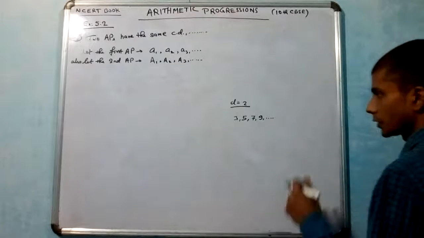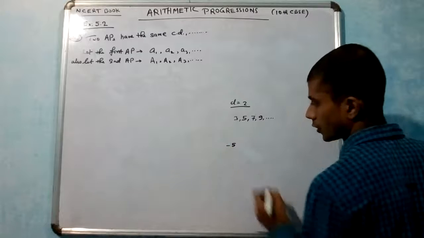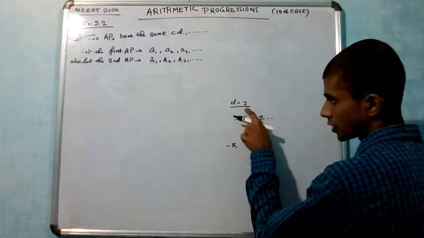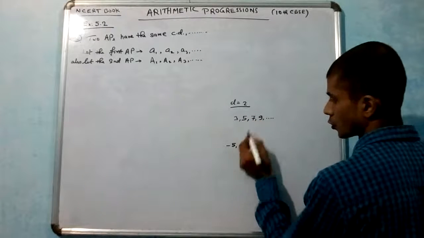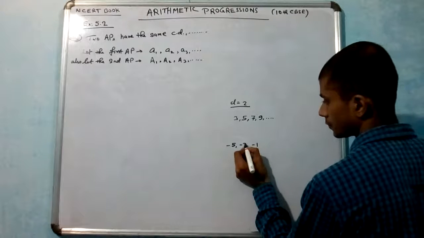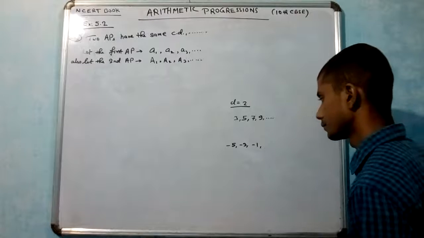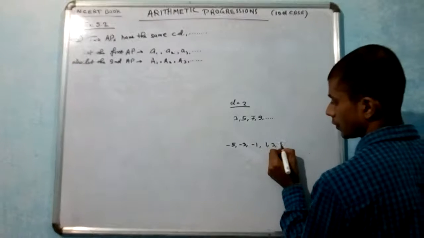Suppose another AP is starting from -5. Suppose -5 is the first term. So keeping the common difference the same, how can we get the terms? -5 plus 2, how much? Then -3, then -1, then 1, then 3, then 5.